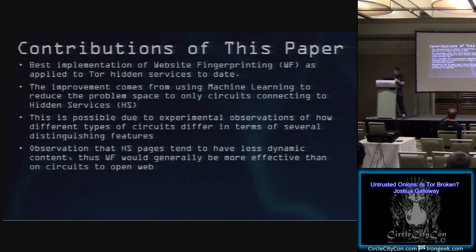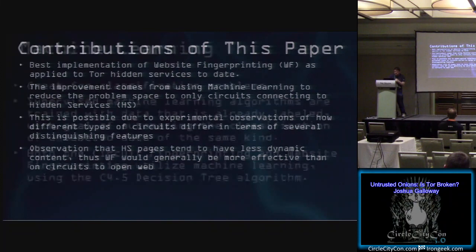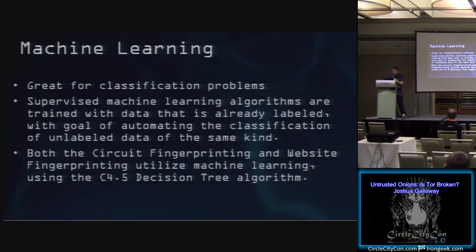So basically, machine learning is used for classification problems. Supervised machine learning takes data that is already labeled and uses it to train an algorithm.